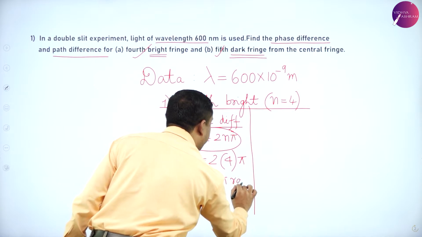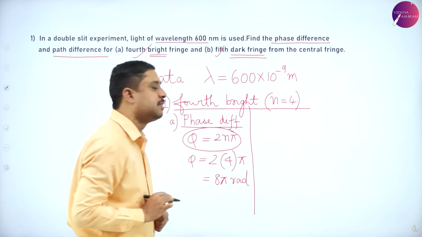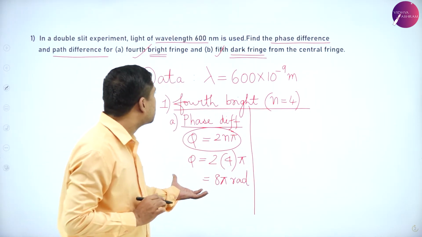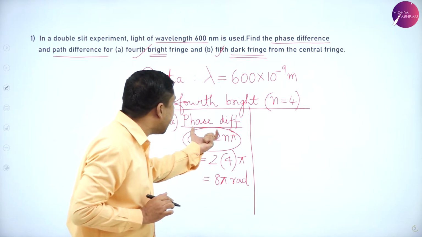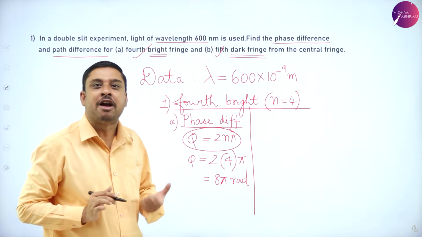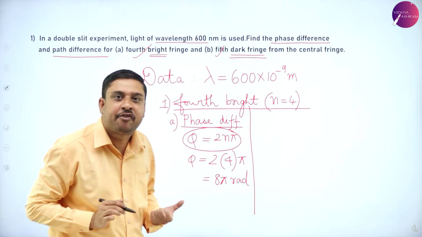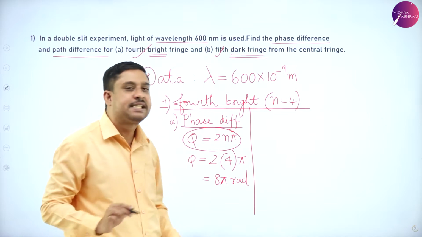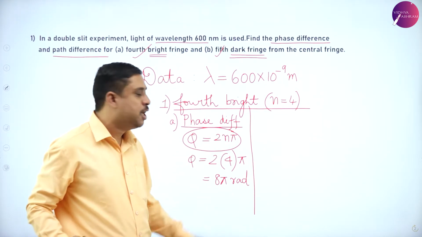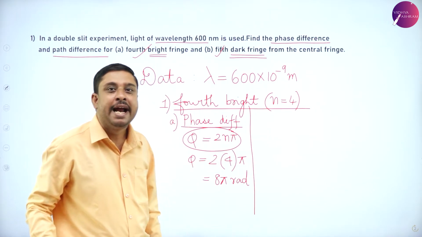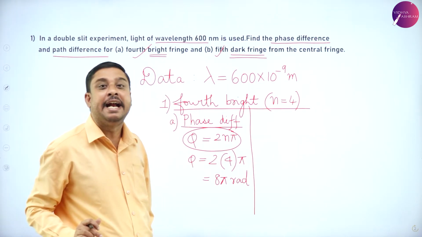So 8 pi radians. See, how easy it is. If you just know the expression for constructive interference, phase difference phi is 2n pi, 2 into 4, 8 pi radians.